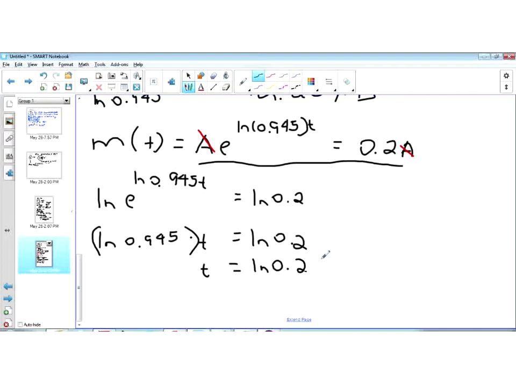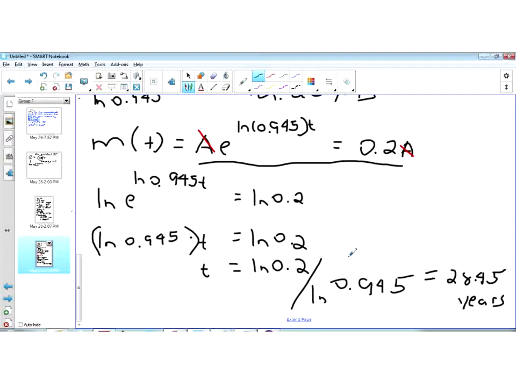We have t is equal to the natural log of 0.2 divided by the natural log of 0.945, and solving, that's 28.45 years. So in 28.45 years, your mass will be 20% of its original mass. Okay, so exponential decay.